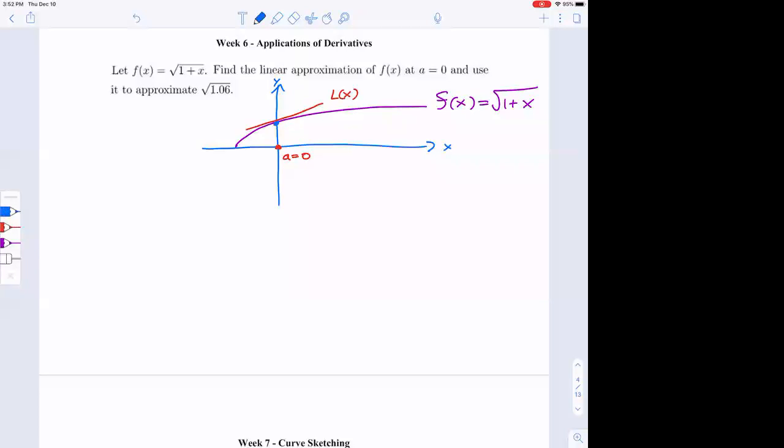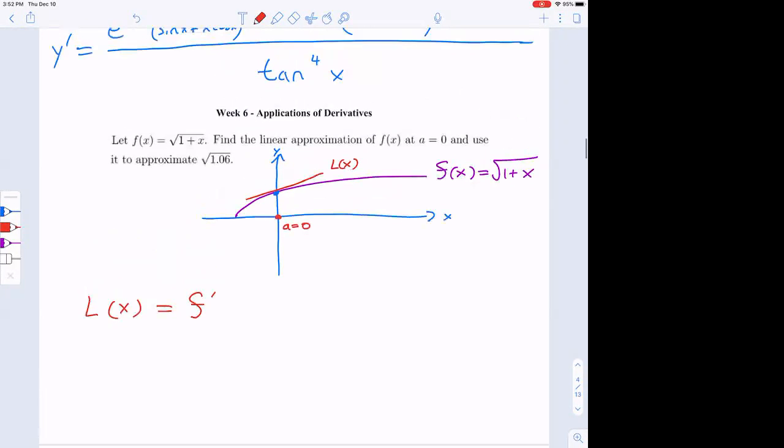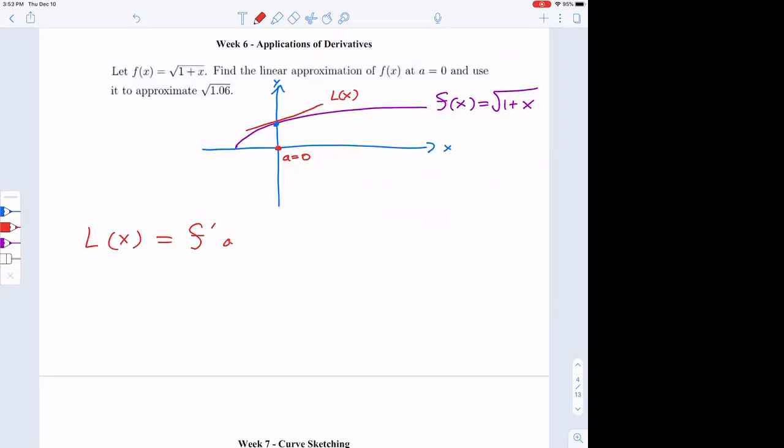Okay, so we need to identify what this line is. The line has a slope, and the slope is given to us by the derivative. And then a point that's on our line would be this point right here.